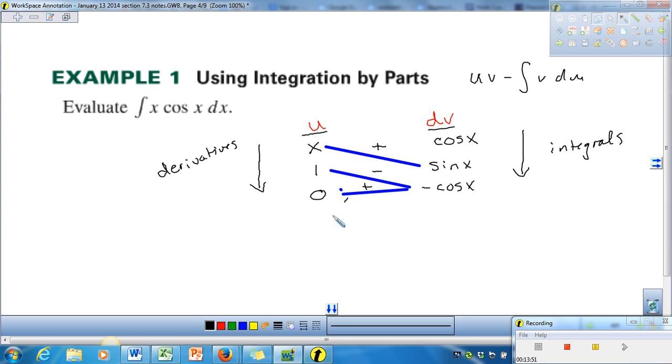Please make a note: when you do a horizontal line back, we are integrating, because that's going to be the repeated minus the integral of v du. And we need to note that anytime we're working with these lines in our tabular form, we are dealing with products. We are multiplying on those lines.